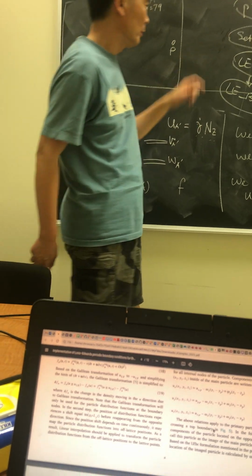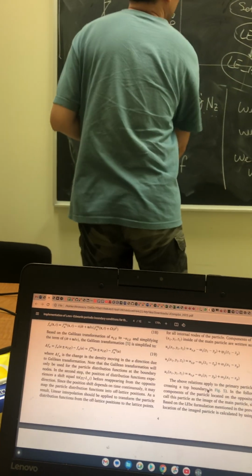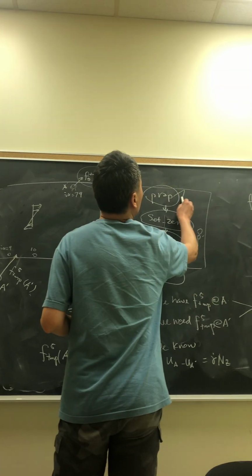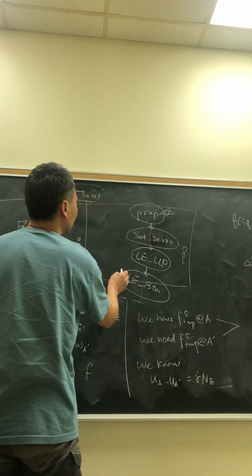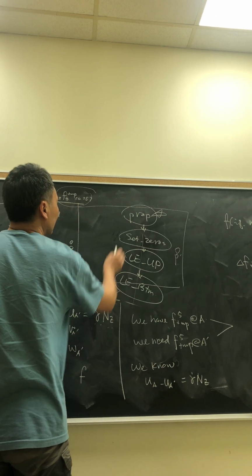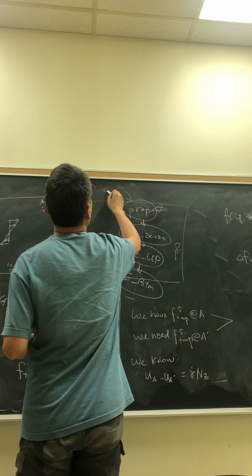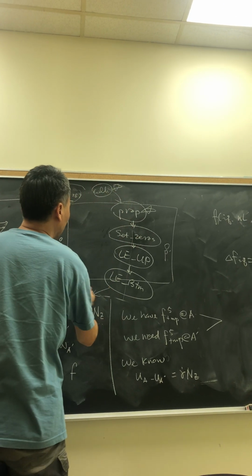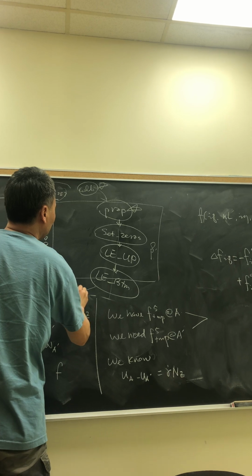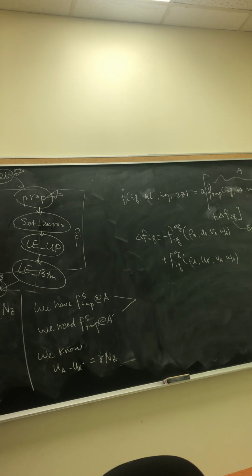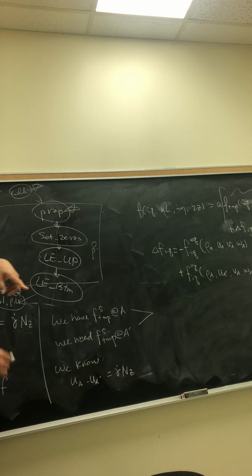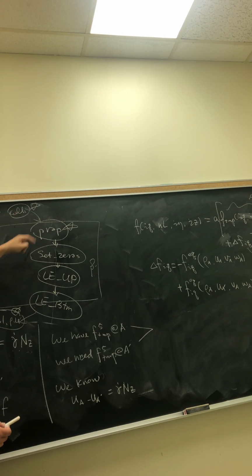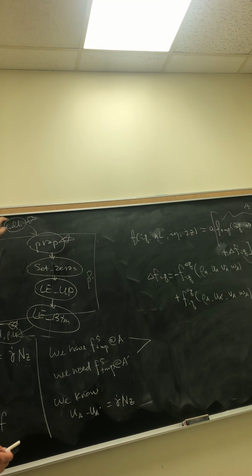This is already in the program. The next thing should be the collision, which is already in the program. The next one calculates rho, U, FEQ, also already in the original program. I'm not sure which one comes first: this one, this one, this one, or this one, this one, this one.